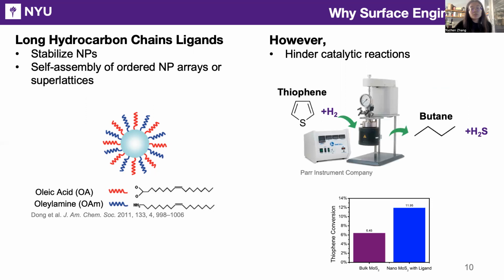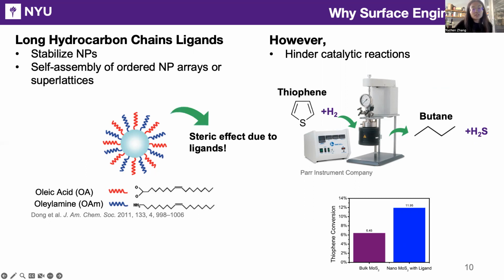As we run the sample in the HDS reactor, we could see that nanoscale MoS2 conversion increased compared to the bulk. But for thousands of times more surface area in a catalyst, this is not as effective as we expect it to be.